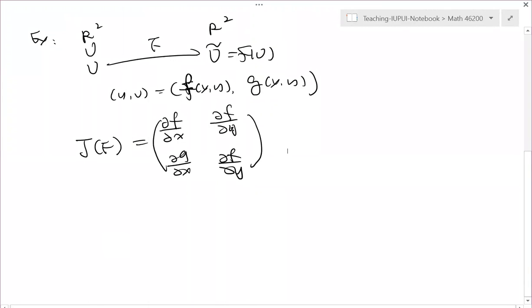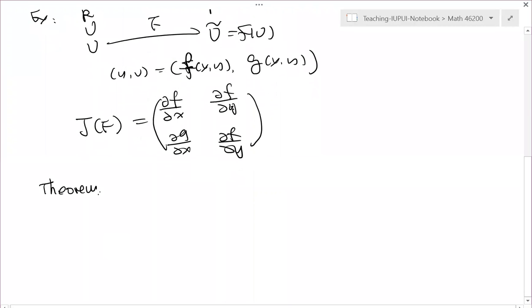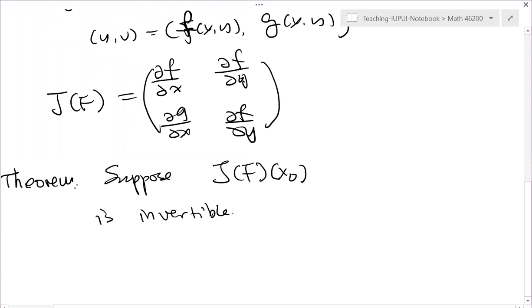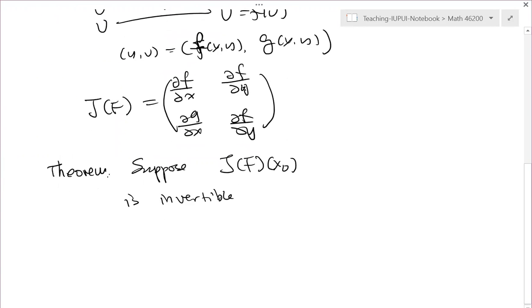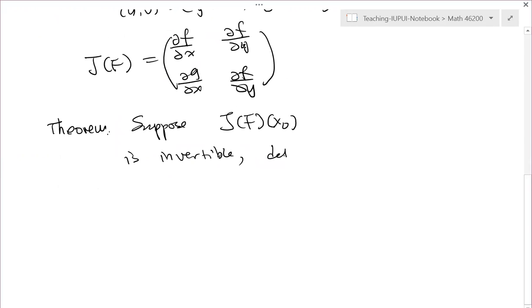All right. So the theorem says that we assume the Jacobian of F at the point x0 is invertible. This is a matrix that is invertible, so the determinant of this matrix is not 0.